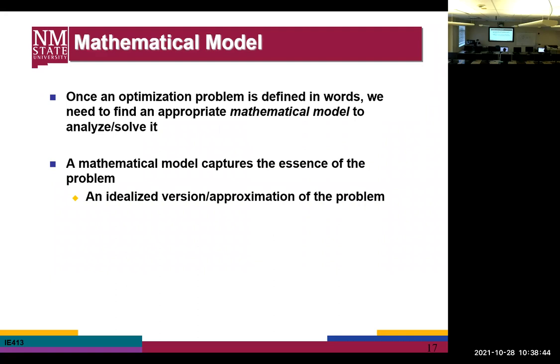And once the optimization problem is defined in words, the very next step is to reformulate this problem in a form that is convenient for the analysis. Okay, and the conventional operations research approach for doing this is to construct a mathematical model that represents the essence of the problem.